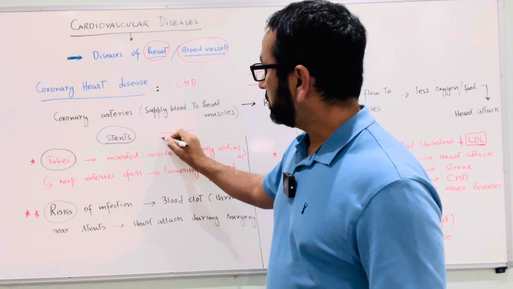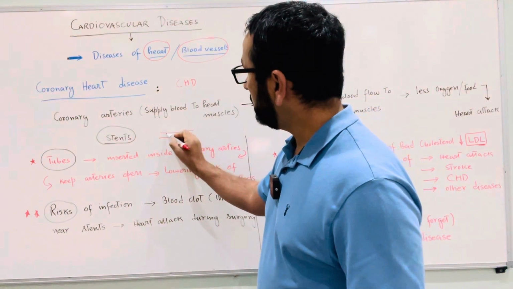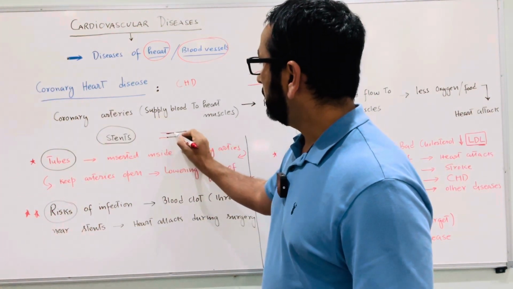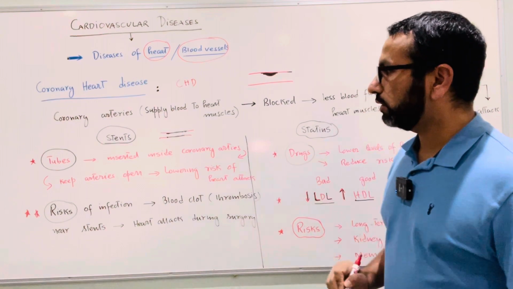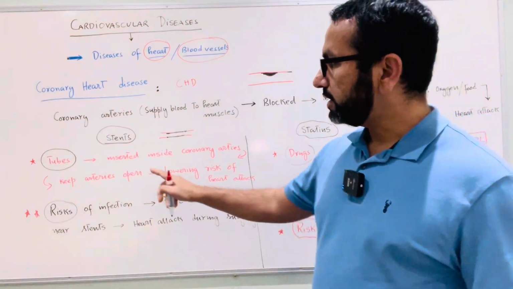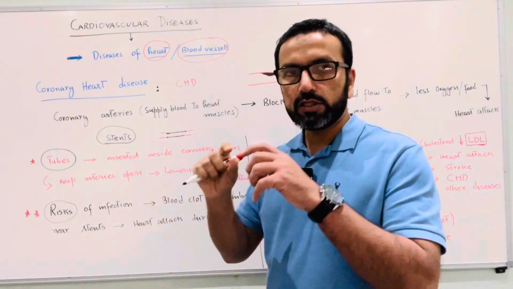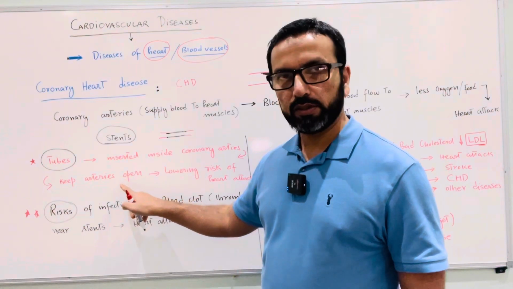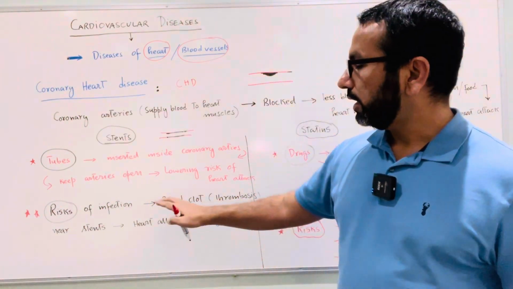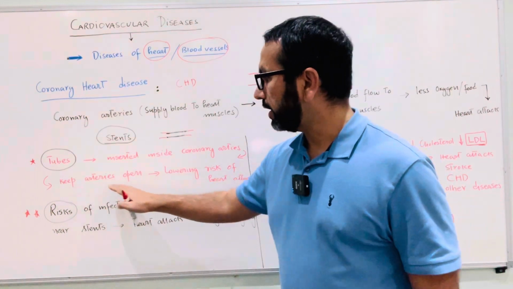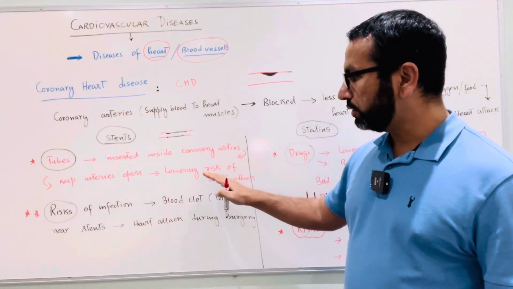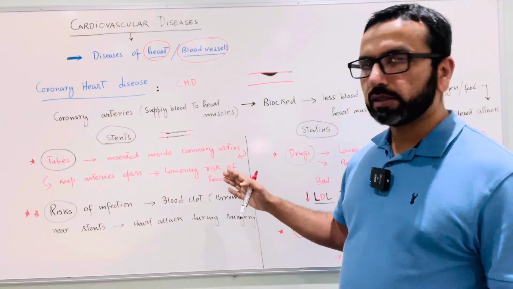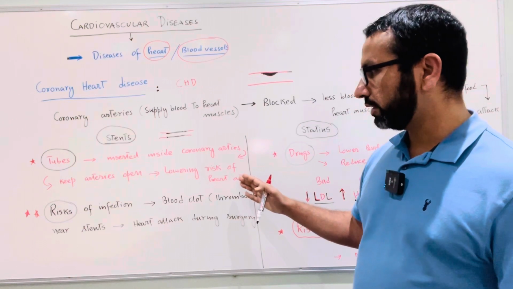These stents support the wall of the coronary arteries and keep the arteries open. Keeping them open reduces the risk of heart attack because the normal supply of blood will continue to heart muscles.